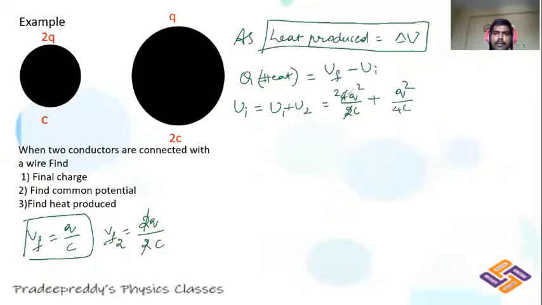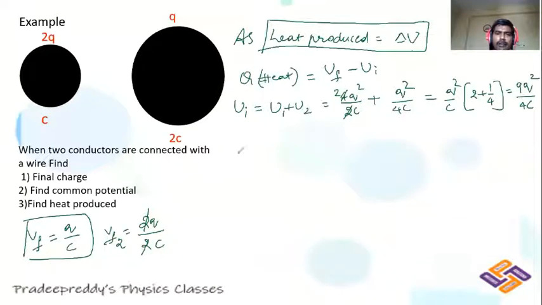So this is equal to Q square by C times (2 plus 1/4), which is (8 plus 1)/4, so 9Q square divided by 4C. That is the initial potential energy, before connection of the wire.